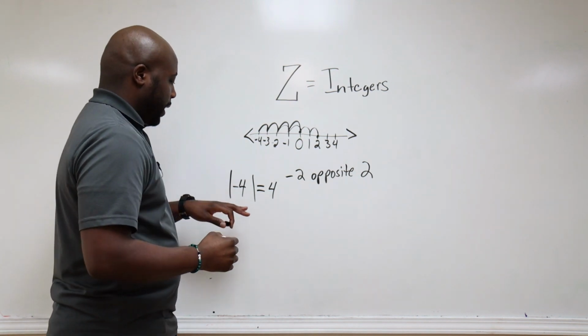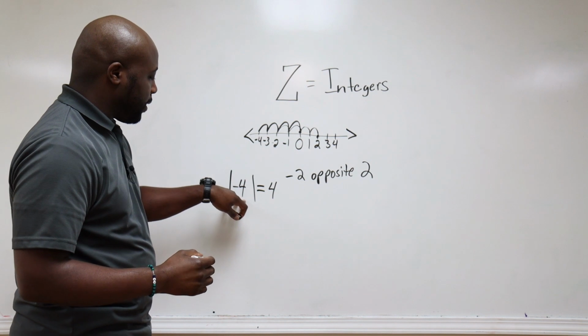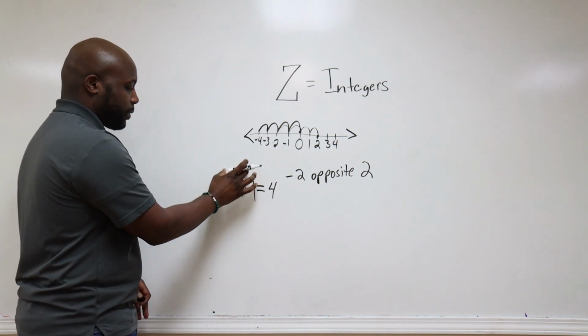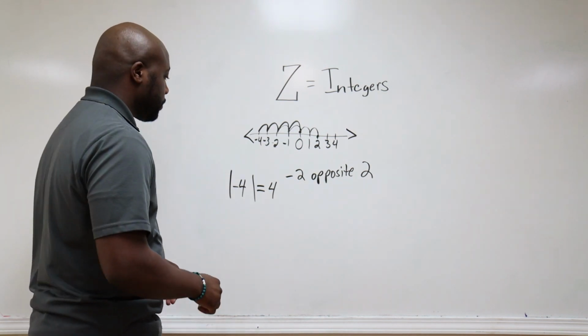+4. Any number within the absolute value, whether it's negative or positive, will always end up being a positive number.